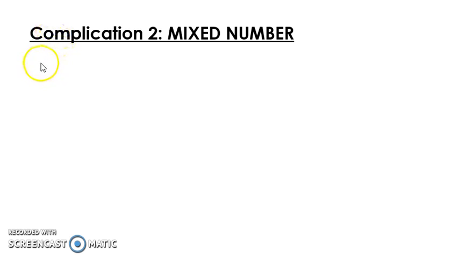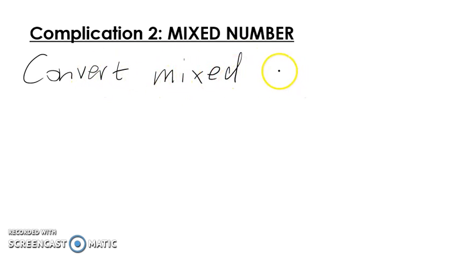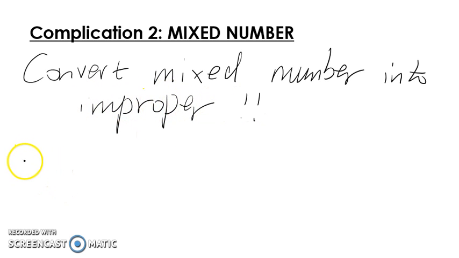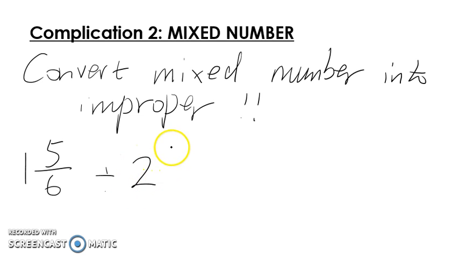Complication: mixed numbers. As always, we convert mixed numbers into improper fractions. Now the example: 1 and 5/6 divided by 2 and a half.